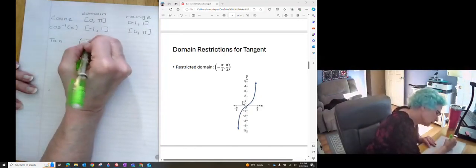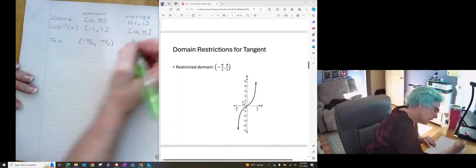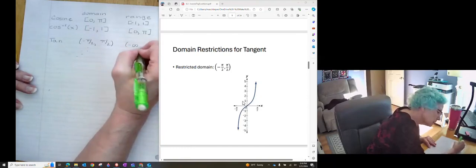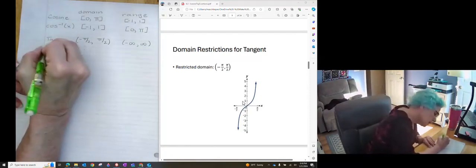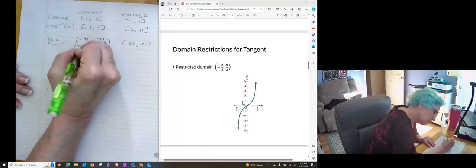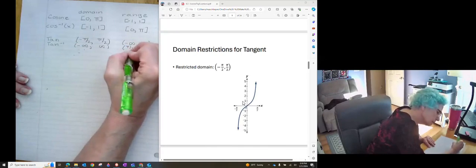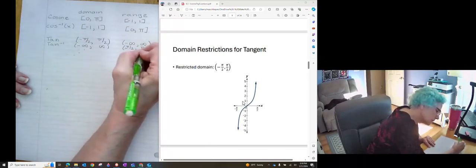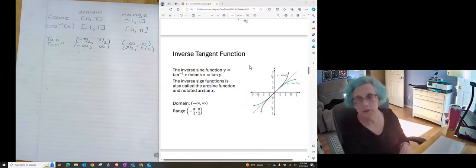So we're going from negative pi halves to pi halves, and the range is all real numbers. So arctan, or inverse tan, the domain is all real numbers, and the range is negative pi halves to pi halves. There's the pretty picture.